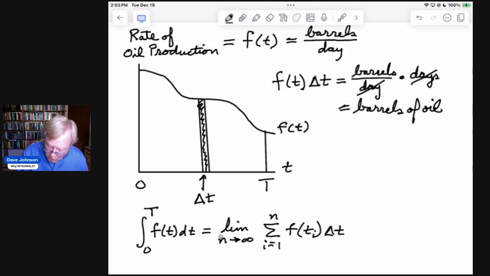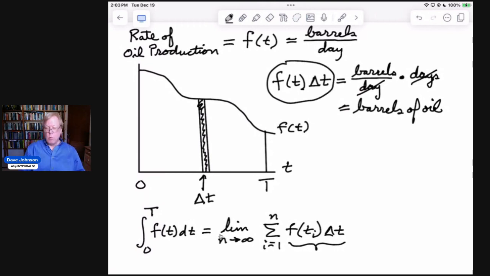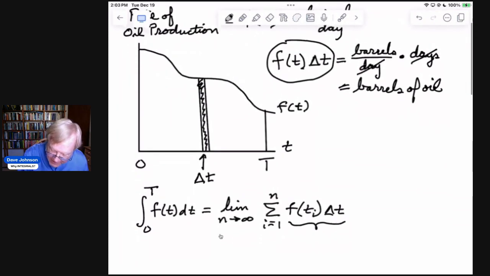And so this f of t sub i times delta t is exactly what we found in one of our little slivers, f of t delta t. And so finding the total oil production is the same as finding the area under the curve.